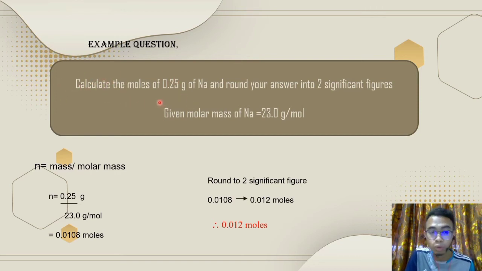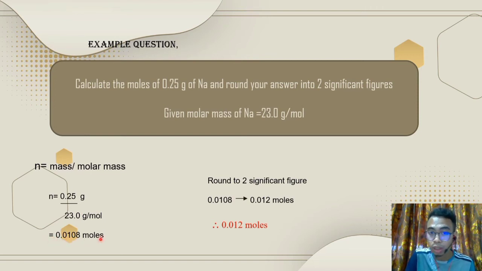We recap the formula: n, which symbolizes moles, equals mass per molar mass. The mass given is 0.25 gram of natrium, divided by the molar mass of natrium, which is 23.0 gram per mole.